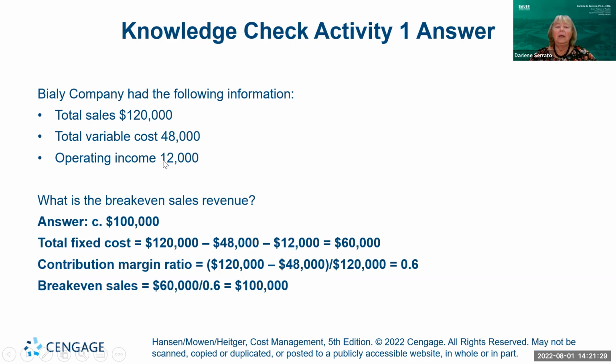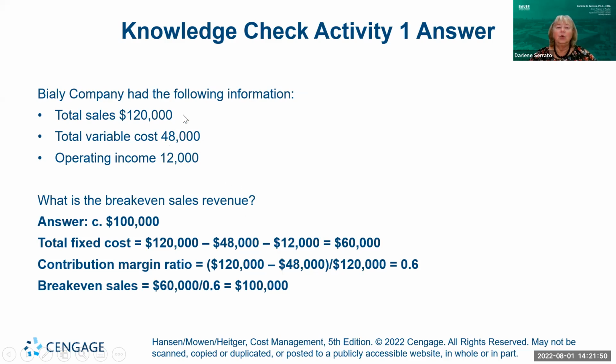Remember, operating income is 12. So sales of 120 minus 48 gives you contribution margin, minus fixed expenses is going to give you the operating income of 12. So contribution margin percentage is 0.60.